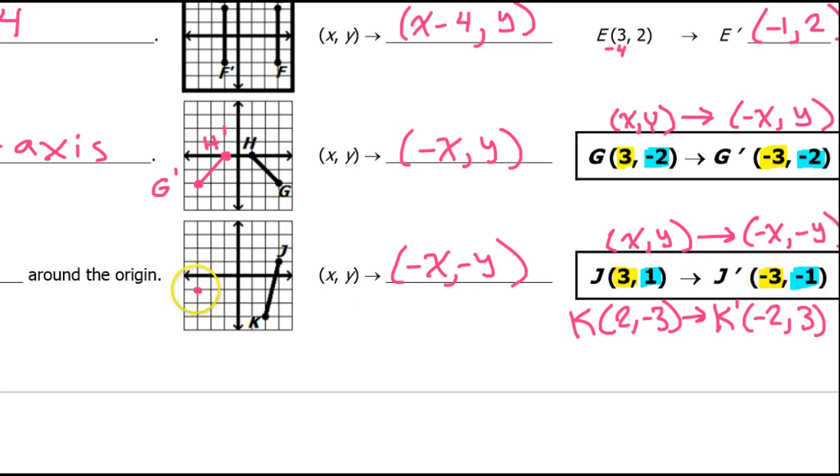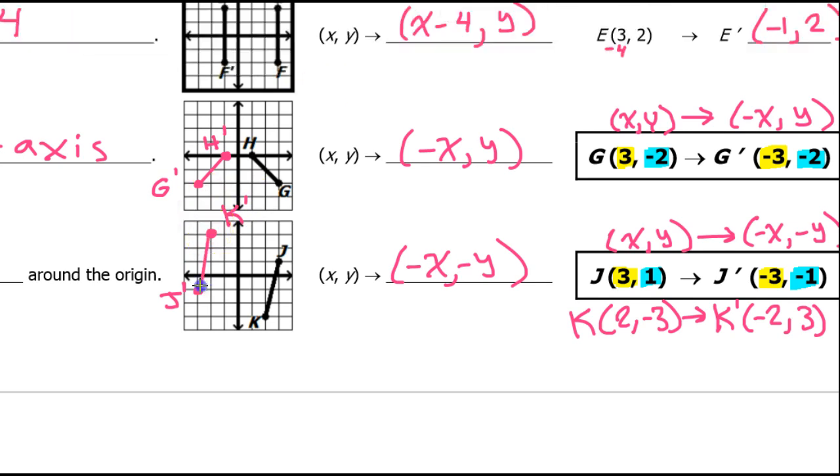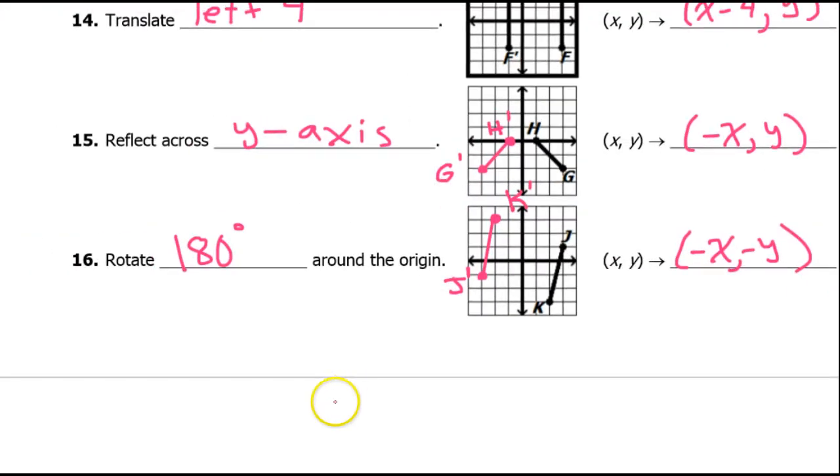So this will be J prime. K prime is -2, 3. All right, be sure to label. And that is it, my friends. Good job.